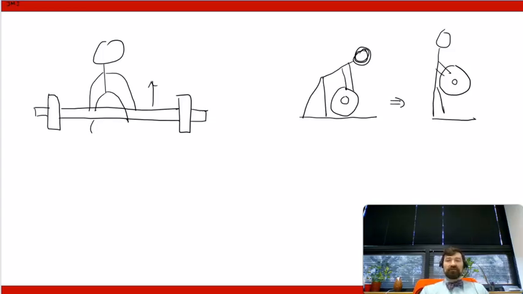Okay, whether this process is done quickly or slowly, the weight has moved through the same distance. It's moved through, let's say, 3/4 of a meter, and it is the same amount of weight. So this person should have done the same amount of work whether this was done very quickly or very slowly.